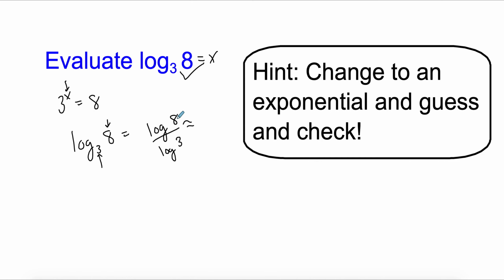And you want to make sure that if your calculator gives you parentheses around the 8, you close it off. Otherwise, it's not going to work. Okay? So if I do log 8 divided by log 3, we're going to get about 1.893. So if you took this number and put that in the exponent spot for a 3, you should get pretty much 8.